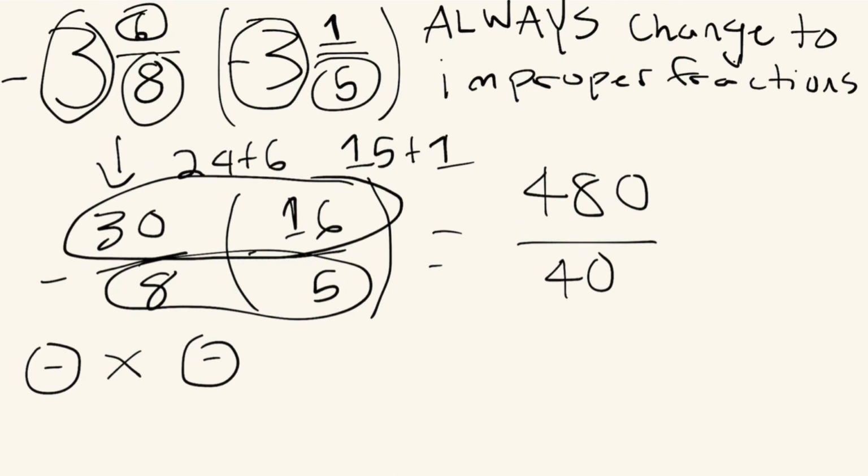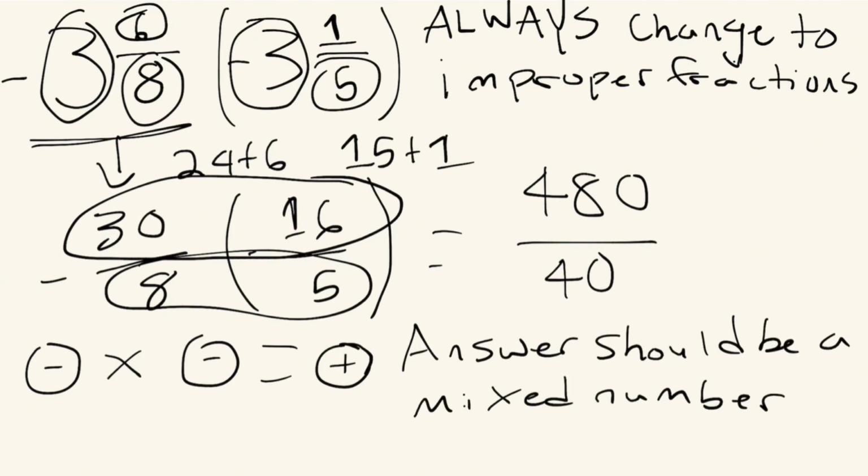And so that is always going to be positive. That's not going to change. It's just going to stay a positive, even though you have 2 negatives. Since we have mixed numbers in our problem, our answer should be a mixed number. So we're seeing how many times 40 can go into 480, which 40 can go into 480 12 times. And so our answer equals 12.